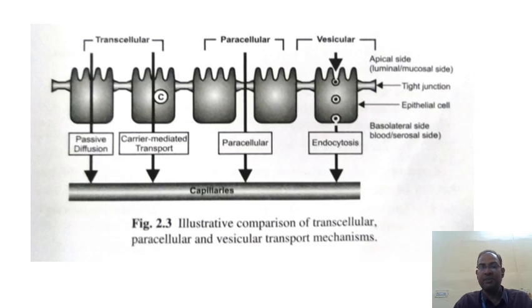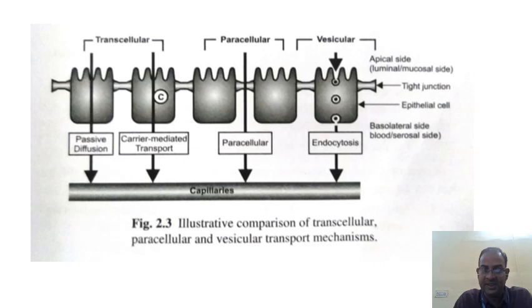Then the second one is the paracellular mechanism. In this paracellular mechanism, the drug travels between the junctions of the cells. When you consider two epithelial cells, they are individually separate and they are held together with a tight junction.